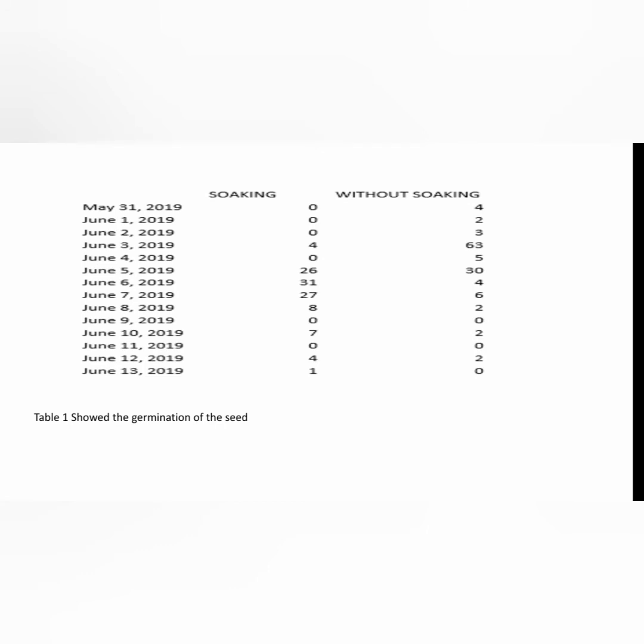So on May 31, it shows that 4 seeds germinated, and it's shown here in the without soaking image. It just shows that on June 3, 2019, a lot of the population without soaking germinated. It has 63.